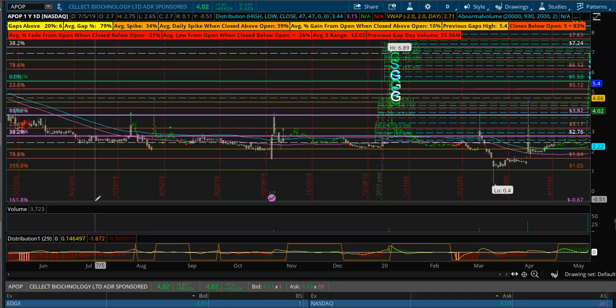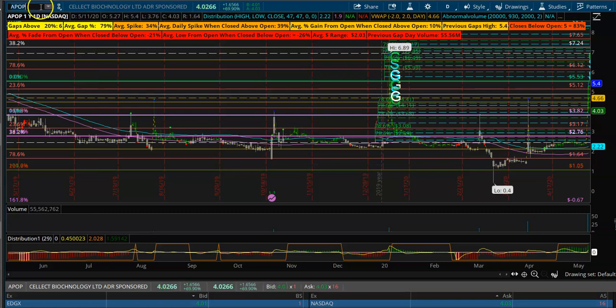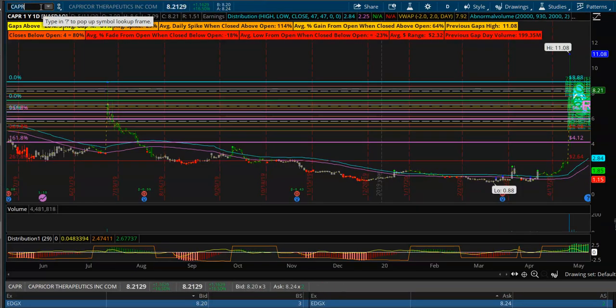For me to go back and get this kind of information would take months, especially if I just want to move very quickly between stocks. I just have the information right up here immediately available. It's stuff like that that just makes our job and our time in the markets that much easier.